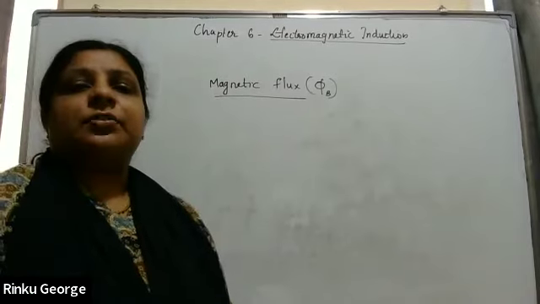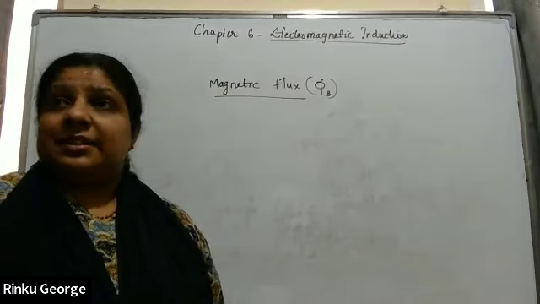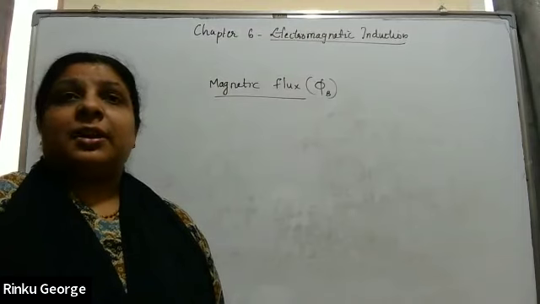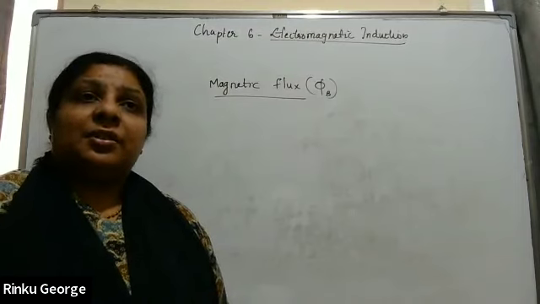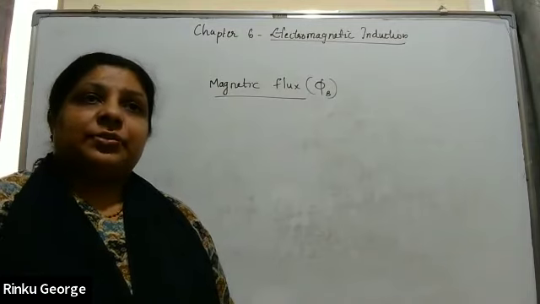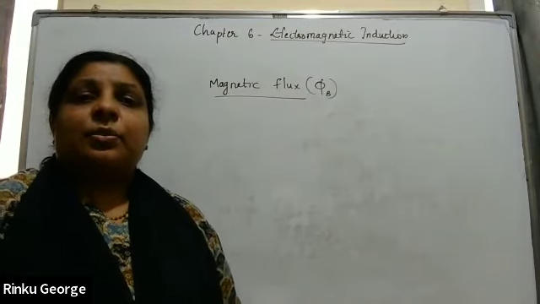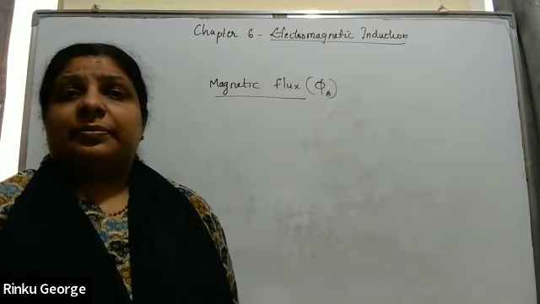Number of electric field lines passing through a given area, that was electric flux. So this is magnetic flux. Magnetic flux means the number of magnetic field lines passing through a given area or a surface. That is magnetic flux. What is the formula for electric flux?